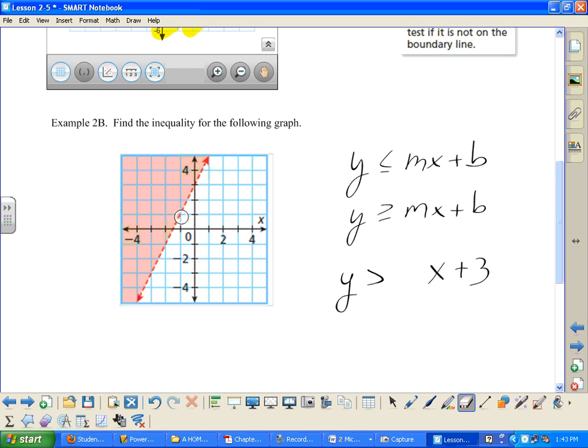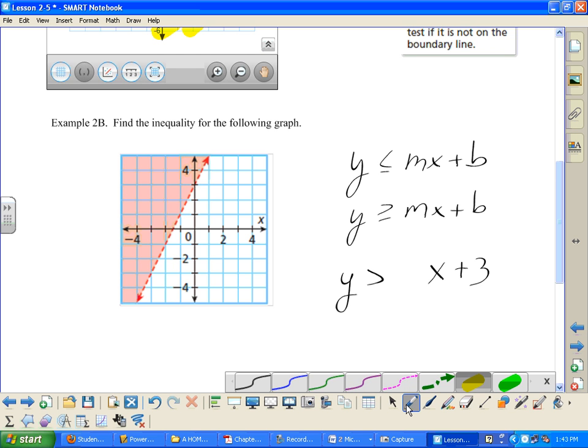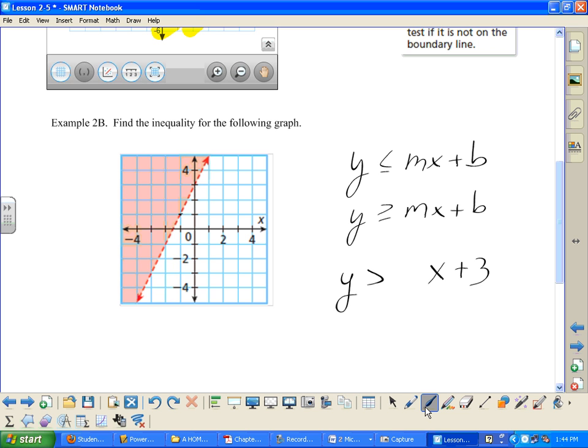Okay, so the slope is we're going to go up 2 and over 1, which means that the slope would be 2 over 1.